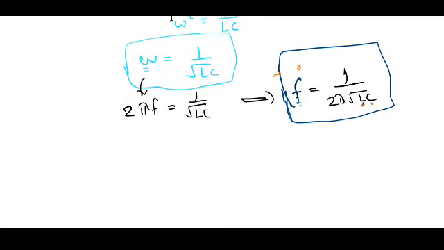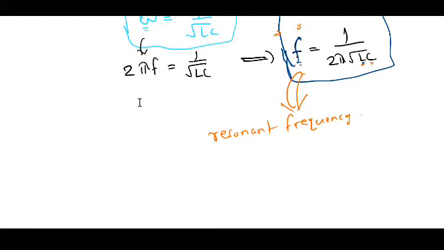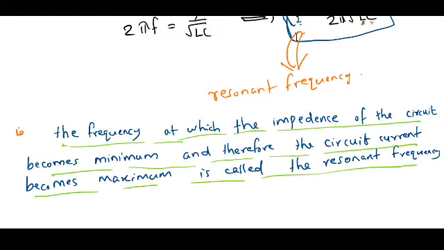This is called the resonance frequency. We can define the resonance frequency in this way: the frequency at which the impedance of the circuit becomes minimum and therefore the circuit current becomes maximum is called the resonant frequency.